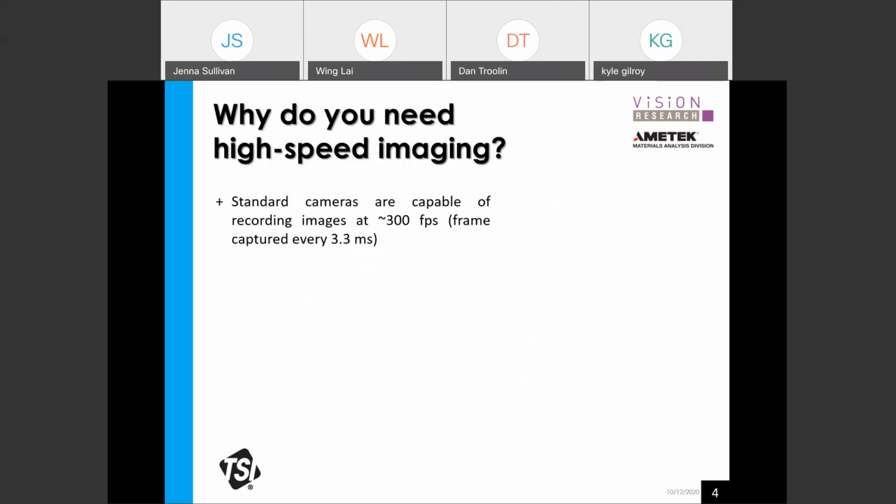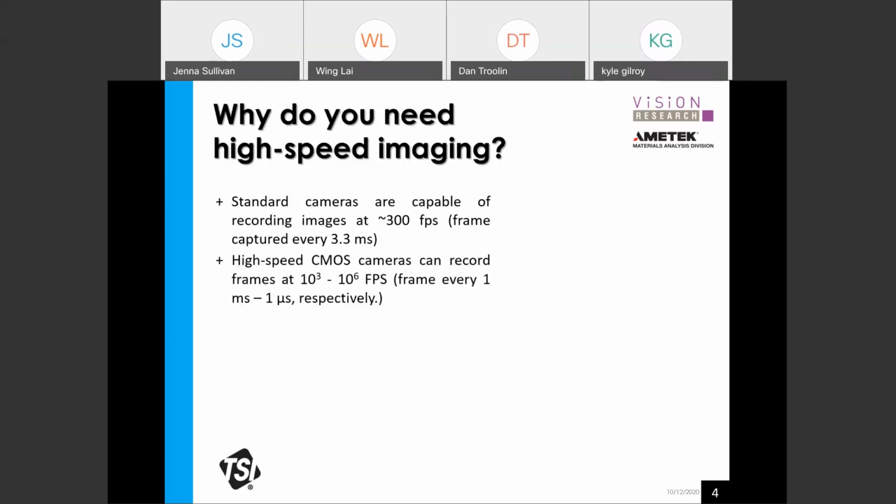Thanks, Dan. So the question is, why do you need high-speed imaging for applications like PIV? The reason is because standard cameras nowadays are capable of recording around 300 frames per second, which is a frame captured every about 3.3 milliseconds.